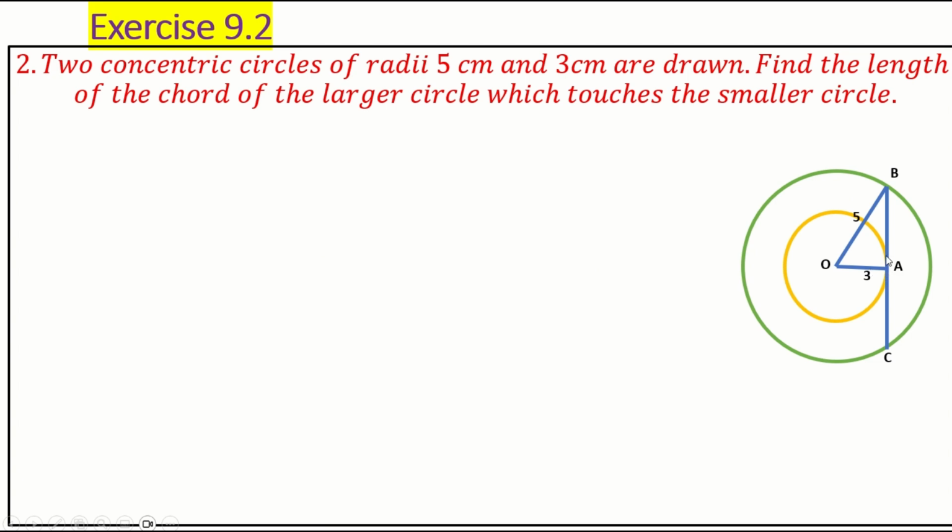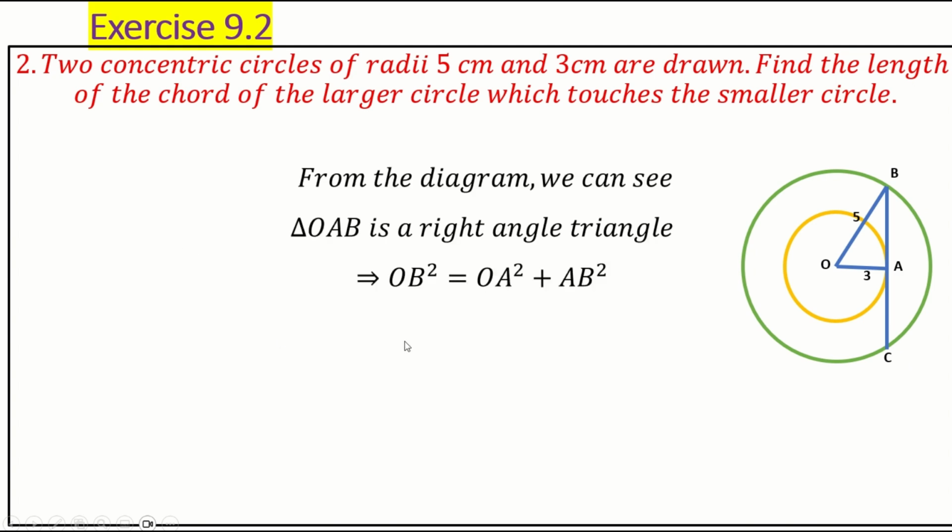Now this is very easy. AB is equal to AC, we know. So this is a right angle triangle. If this is 5 and this is 3, AB equals the square root of 5 square minus 3 square, which is 4. If AB is 4, AC is also 4, so BC is 4 plus 4, that is 8 centimeters.